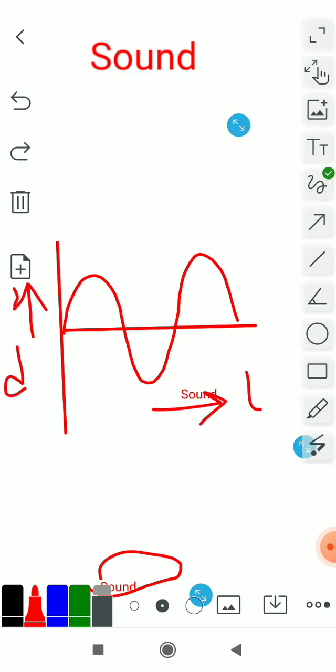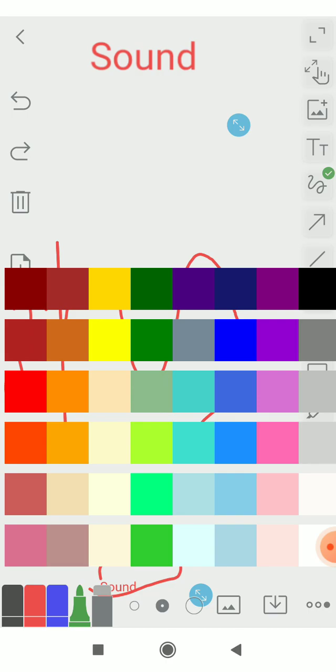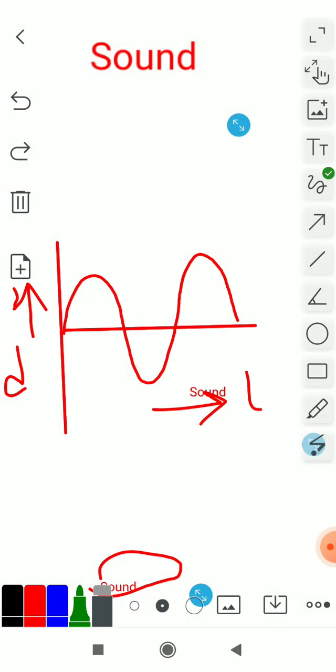Here, time. Now see. This is the maximum displacement in the positive side, and this portion is the maximum displacement in the negative side. So what is amplitude?